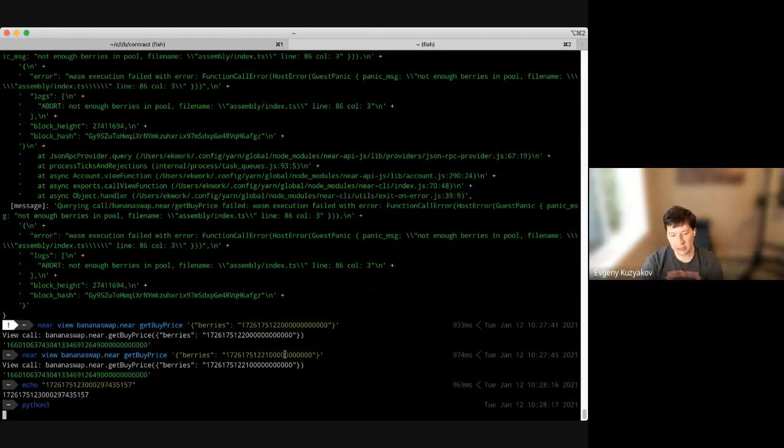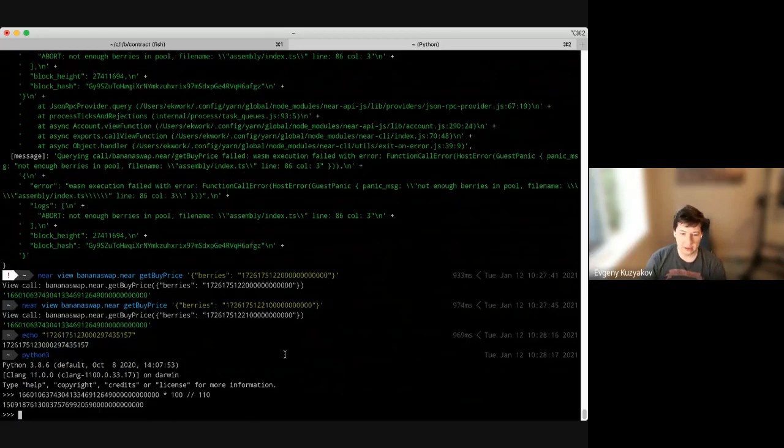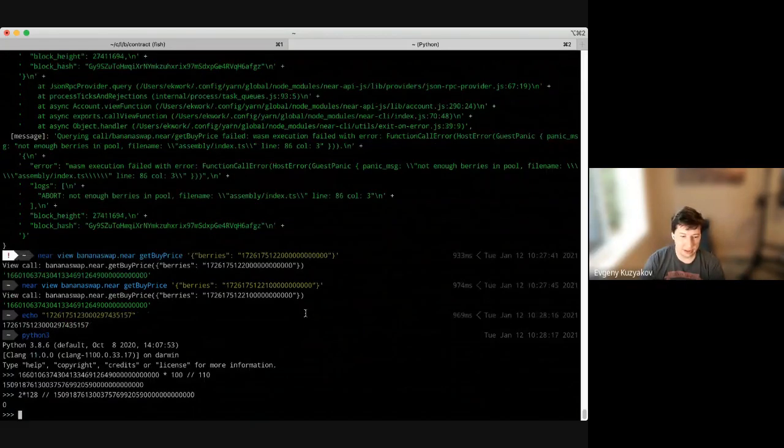So what we can do next is divide it by 100, multiply it by 100 and divide it by 110. So this is the product that is currently in the pool. What we're interested in is the following: what will be 2 in 128 divided by this? One second.